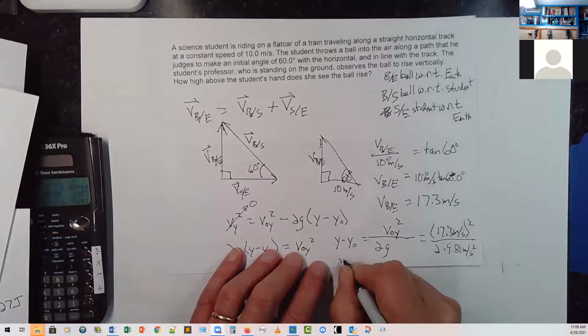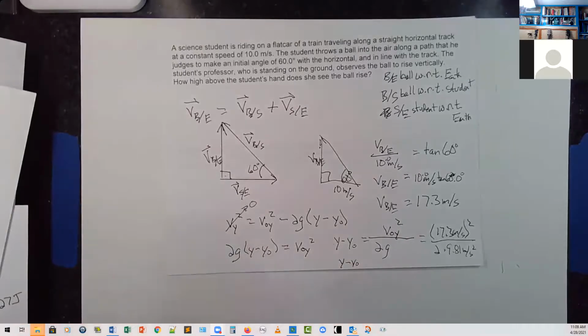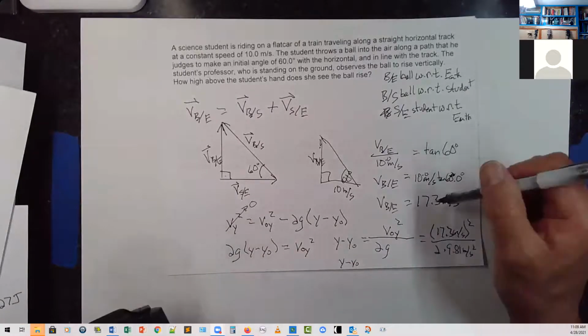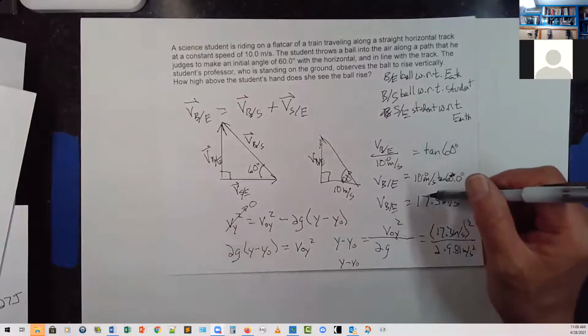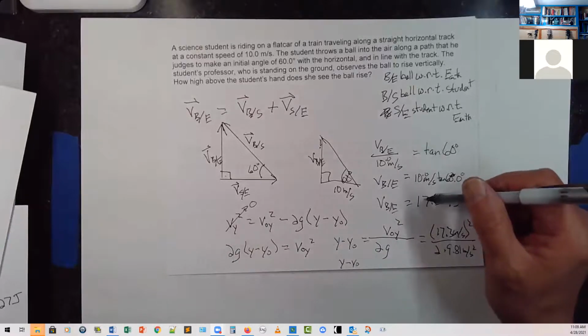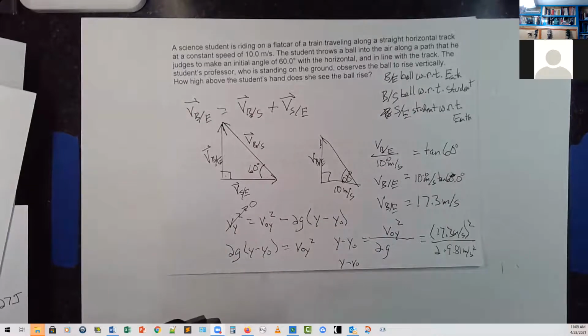So the height that the ball rises to, this was a harder problem. Often a problem like this would just stop with asking what was the initial vertical component of the ball's velocity, which is what we found there. So we have to do more here. Let's see. Can I square that? Yes, I can.